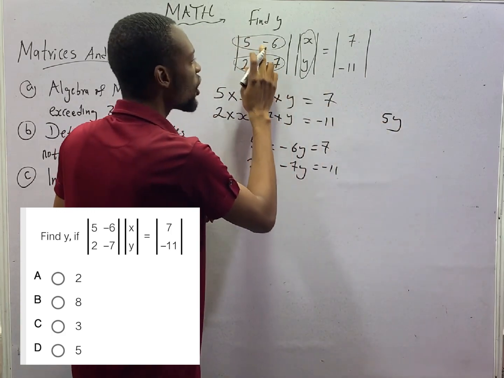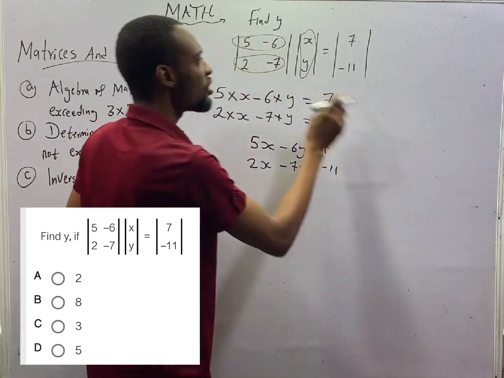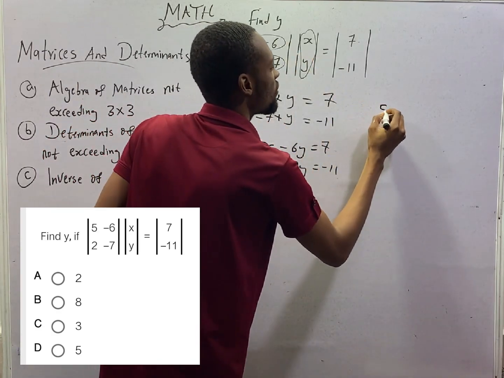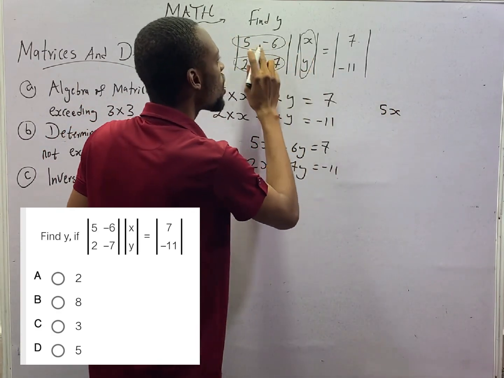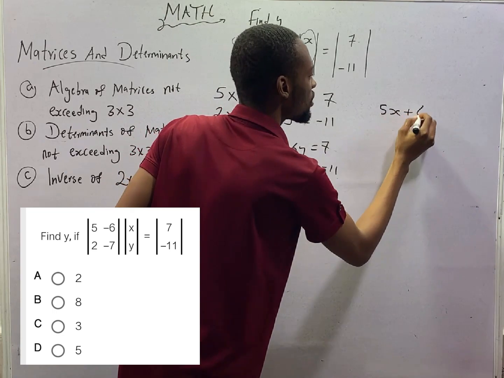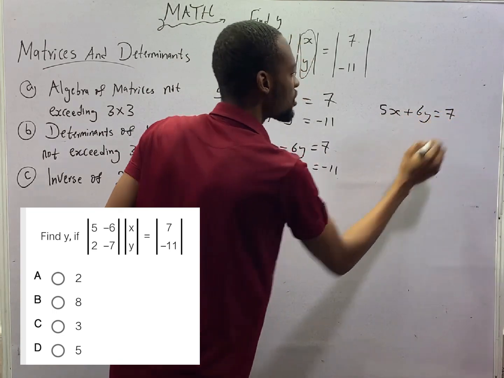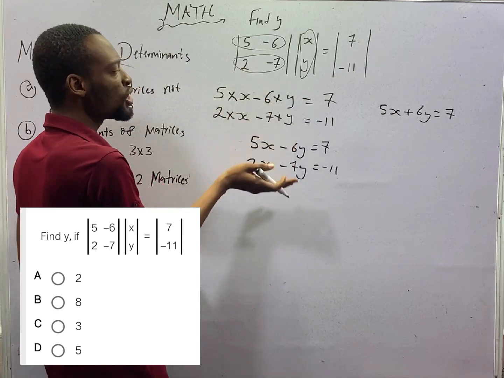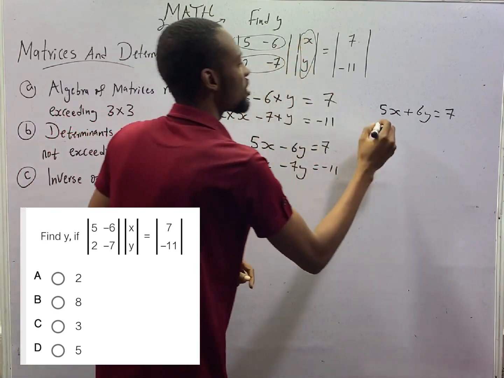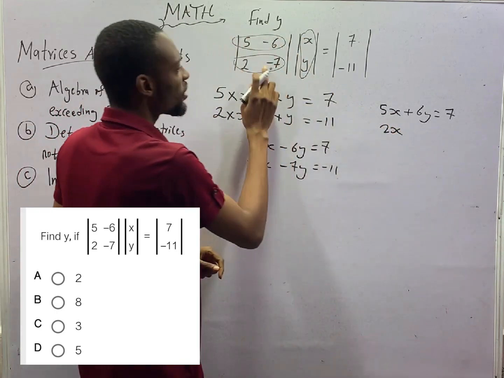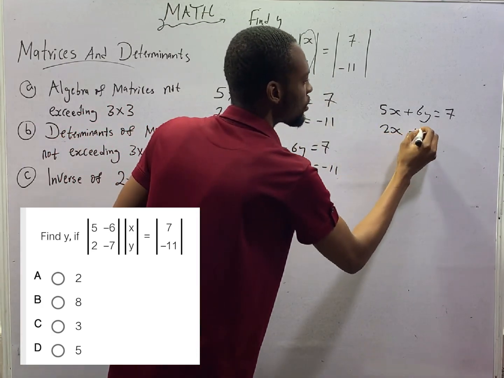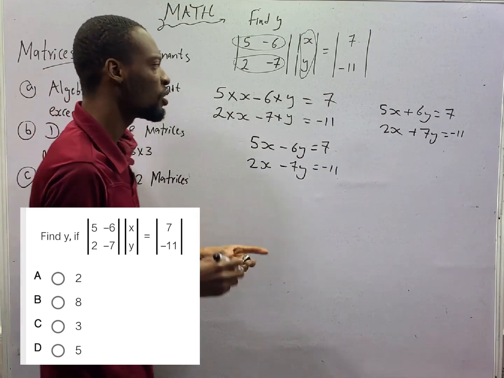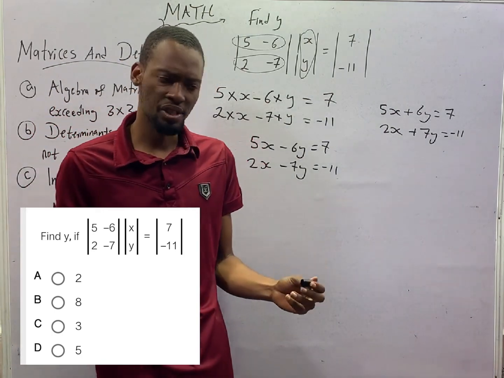If this were to be plus, it will simply be 5 times S, 5S, plus 6 times Y, plus 6Y. It will equal 7. If this were to be plus, the equation would be 2 times S, 2S, plus 7 times Y, plus 7Y is equal to minus 11. That is how you multiply matrices.